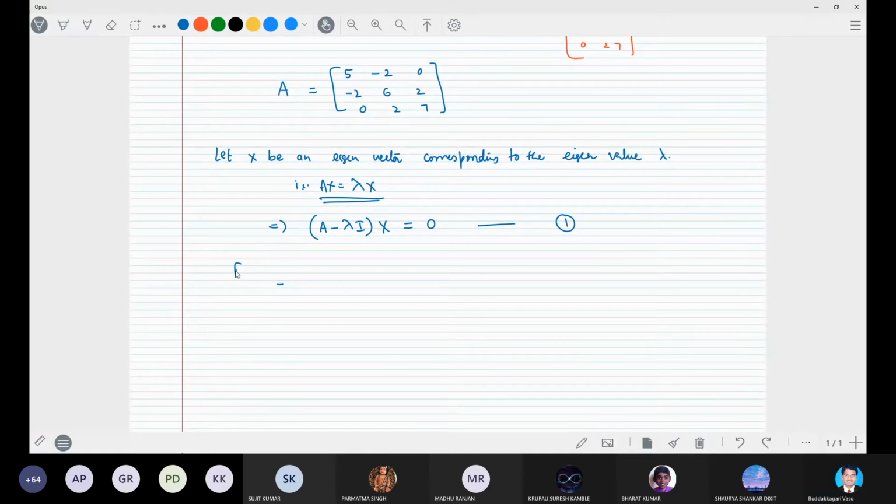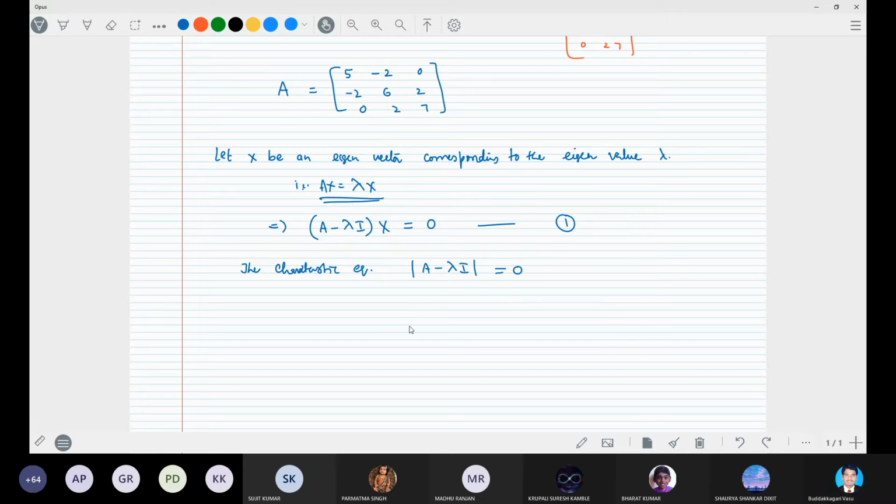Now for the eigenvalues and eigenvectors, for a non-zero solution of x, the characteristic equation is written directly. Therefore the characteristic equation is determinant of (A minus lambda I) is equal to 0.